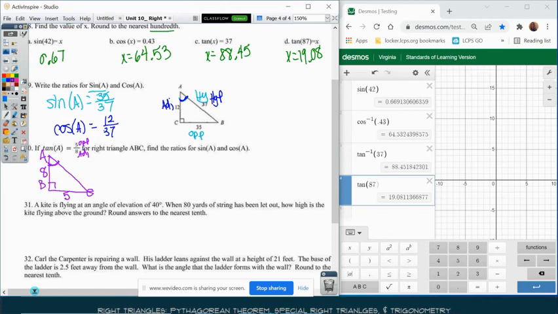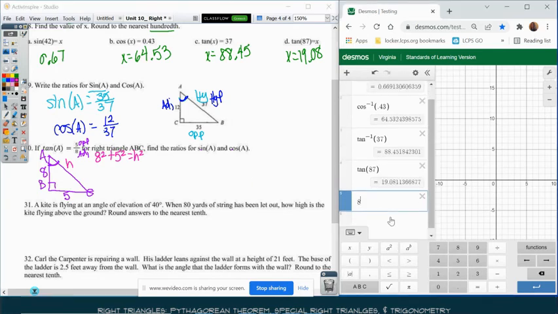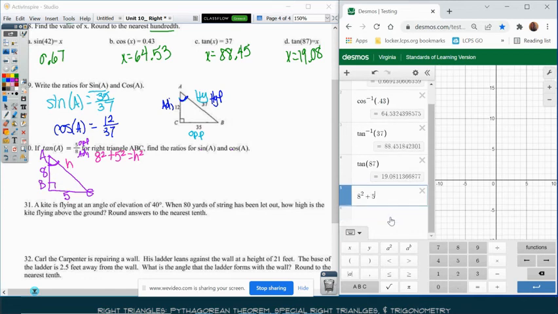Which means that to find sine and cosine, I know both of those involve a hypotenuse, so I need to figure out what this hypotenuse measurement is. Well, Pythagorean theorem: 8 squared plus 5 squared equals that missing hypotenuse squared. 8 squared plus 5 squared puts us at 89 equal to h squared.